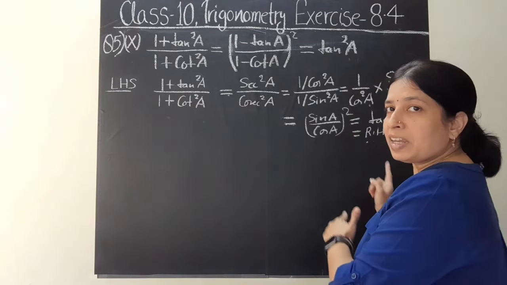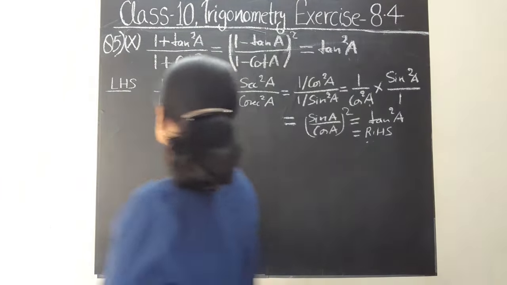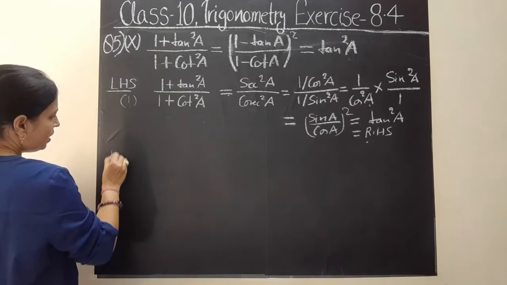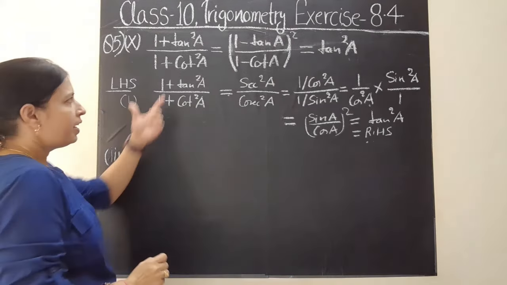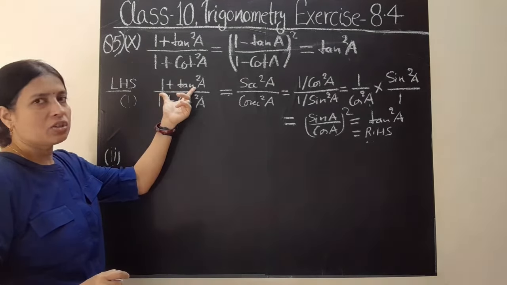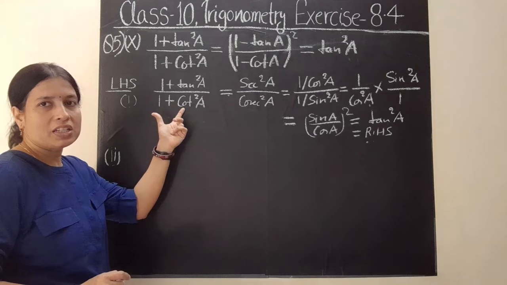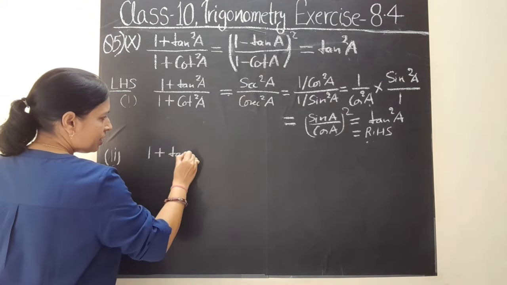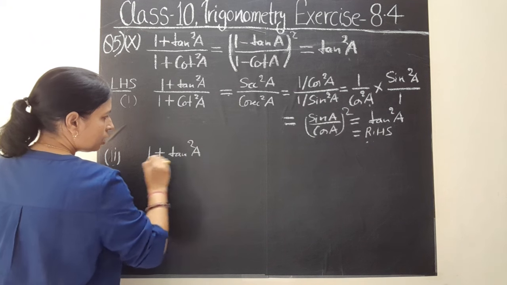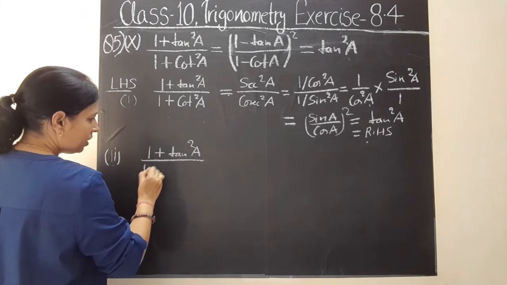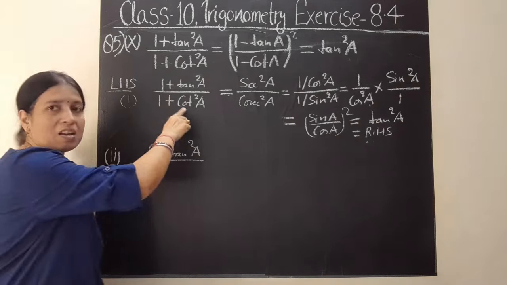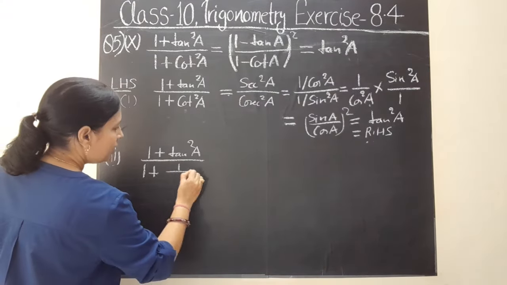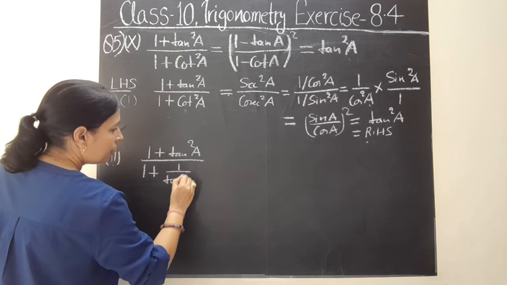सेकेंड मेथड से कैसे tan स्क्वायर आएगा वो भी देख लेते हैं। सो दिस वाज योर फर्स्ट मेथड। सेकेंड वन इज हियर LHS इज 1 प्लस tan स्क्वायर a डिवाइडेड बाय 1 प्लस cot स्क्वायर a। सो फर्स्ट वी राइट 1 प्लस tan स्क्वायर a एज इट इज, देन राइट 1 प्लस इन प्लेस ऑफ cot स्क्वायर a वी कैन राइट 1 बाय tan स्क्वायर a। सो राइट हियर 1 बाय tan square.